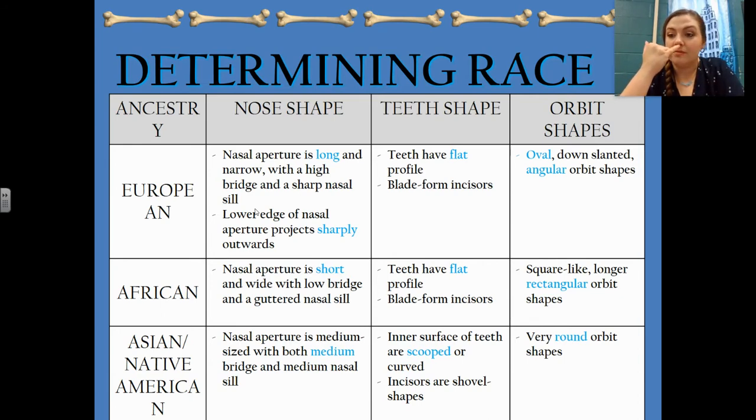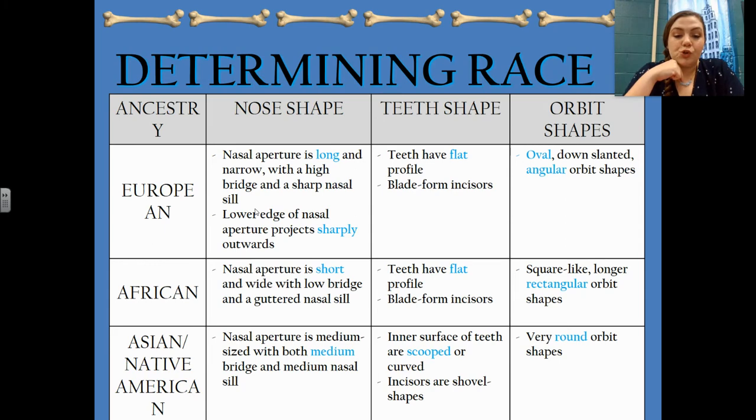And then the actual hole, the nasal aperture, the hole where our nose is, because this is not bone, this is cartilage. So when you see a skull, it's just a hole where our cartilage would sit on top of it, and it is longer and more narrow. The lower edge of the nasal aperture projects sharply outward, so this little sill sticks out further.